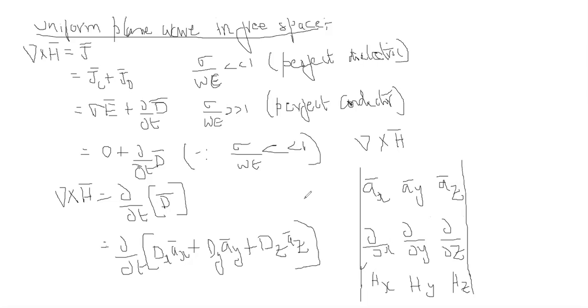I write that equation on the next page: del cross H bar is equal to a_x bar into dou by dou y of H_z minus dou by dou z of H_y.